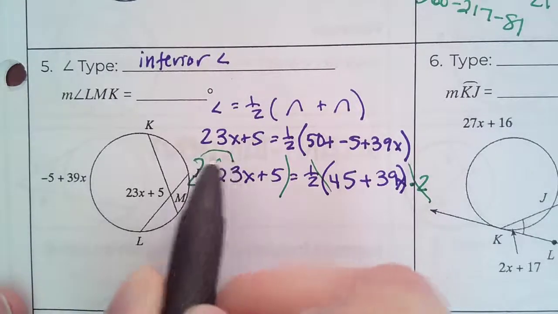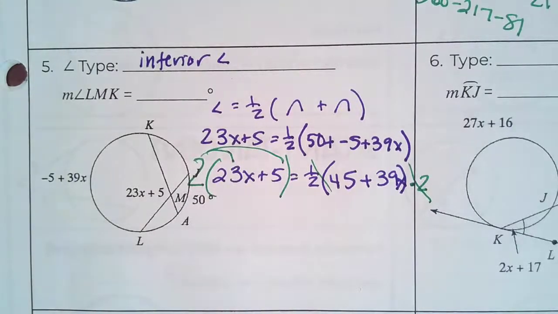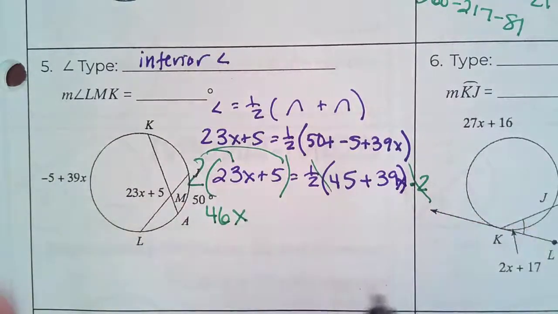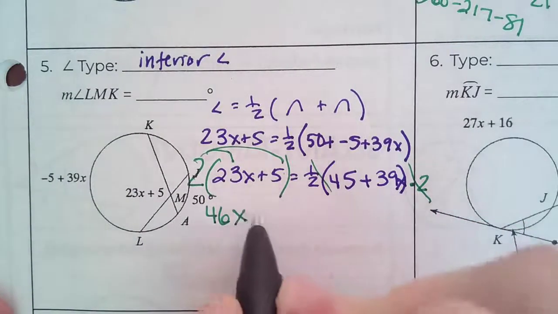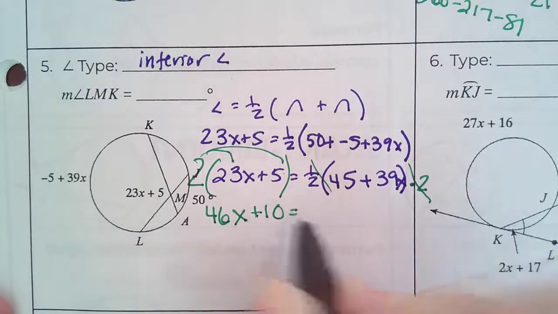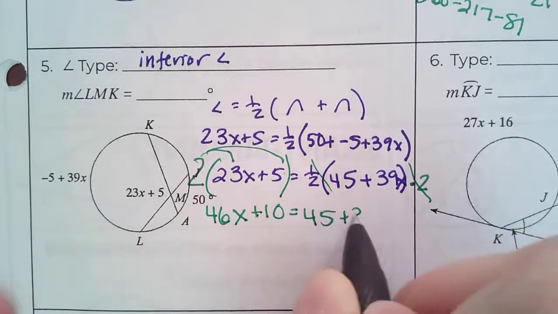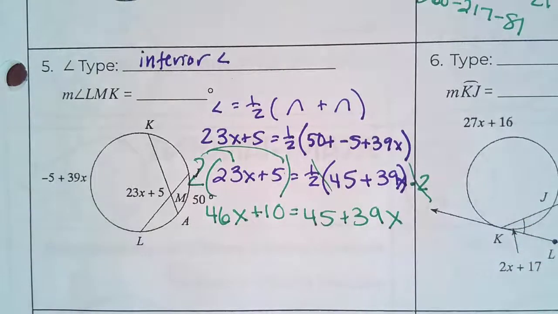So distributing this 2, 23 times 2 would be 46x. 2 times 5 is 10 equals, then I'll just have 45 plus 39x. If you don't mind dealing with 0.5s, it's not a big deal, then you can just continue with the method that we did in number 4.